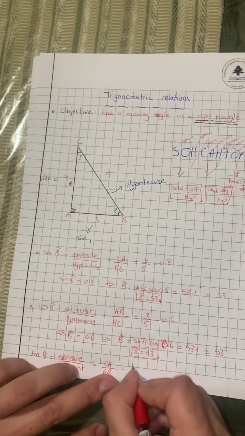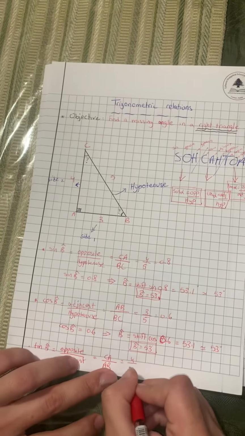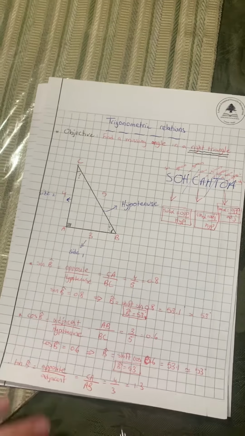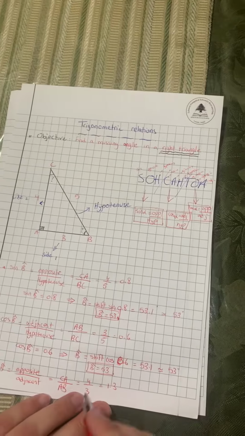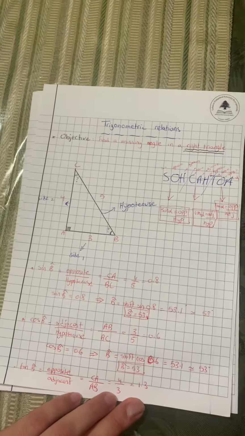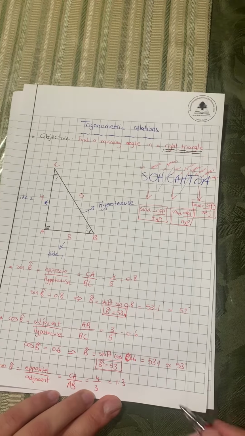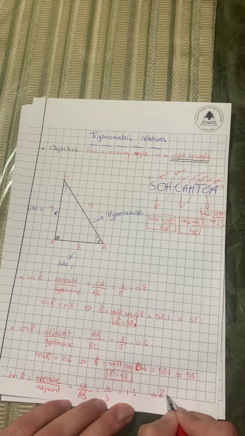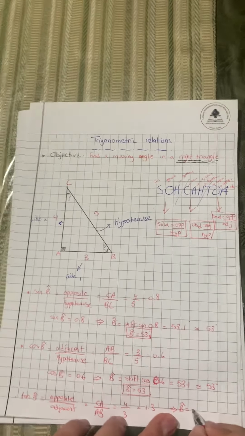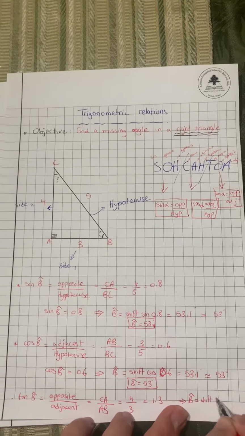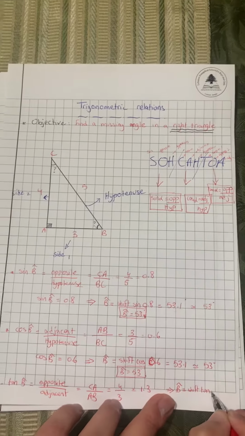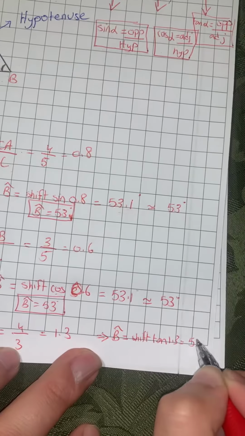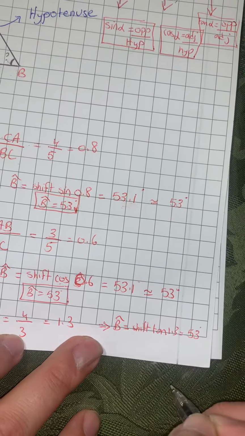CA is equal to 4, AB is equal to 3, 4 over 3 is equal to 1.3. So you use your calculator as usual to find the measurement of the angle. Angle B will be equivalent to shift, tan, your answer 1.3, and you will obtain 53 degrees.